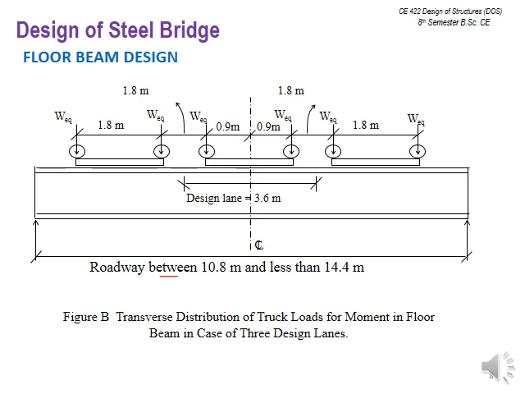Here we can see that for a roadway between 10.8 meters and less than 14.4 meters, we can accommodate 3 design lanes. We are well familiar with the design lane width, which is a minimum of 3.6 meters.